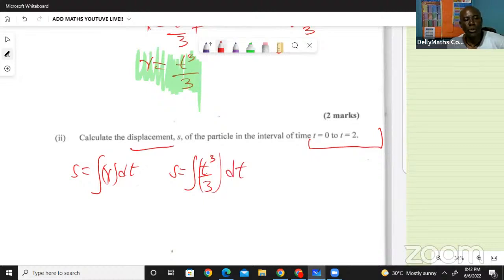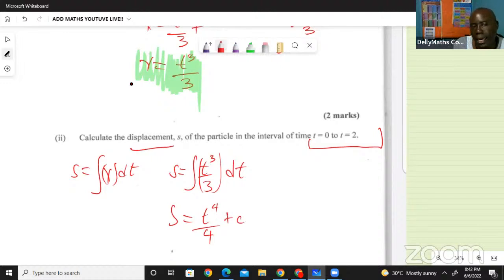There it is. Now, the moment we take the integral, let me not even write the bracket. I could do the limits after, but let me just find the function now. We're adding 1 to the power, so t to the 4th over 4, plus c.